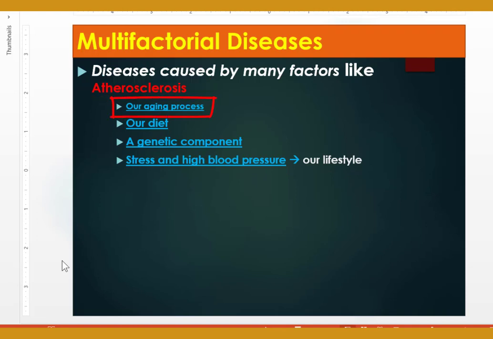Our aging process can be a factor in atherosclerosis. When we become more aged, flexibility of our arteries gets reduced. When flexibility of our arteries gets reduced, fatty substances have a greater probability to lay down on the internal walls of arteries.